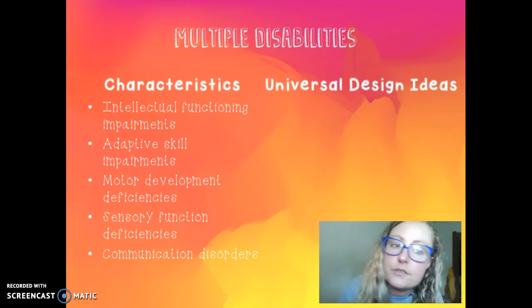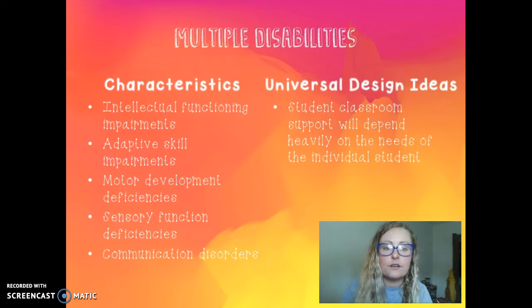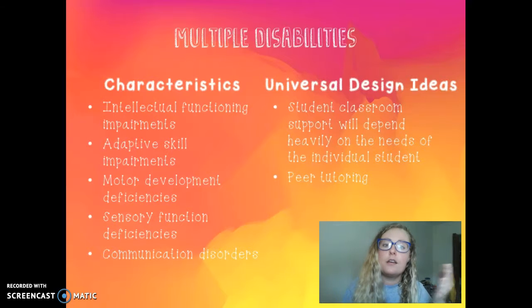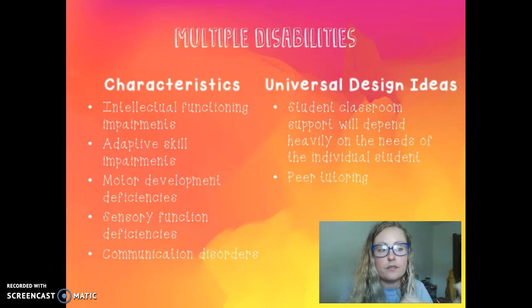Some universal design ideas for these students are going to, again, depend heavily on the student and their individual needs, but they can benefit from peer tutoring, having someone in your class teaching them on a subject area, which not only gives them practice with the content, but also gives them practice with their social skills as well.